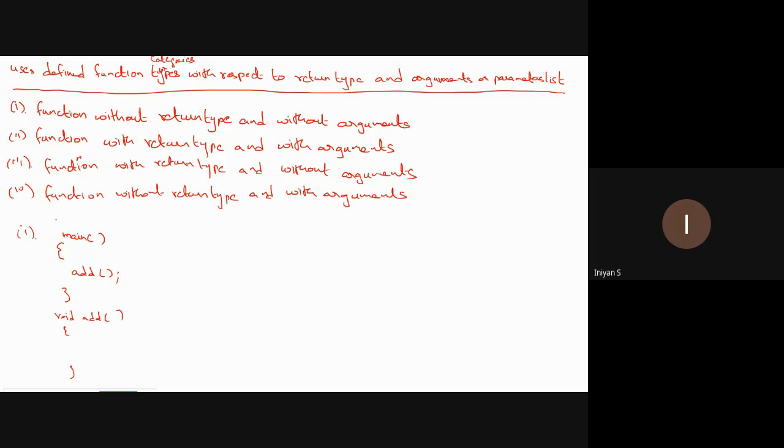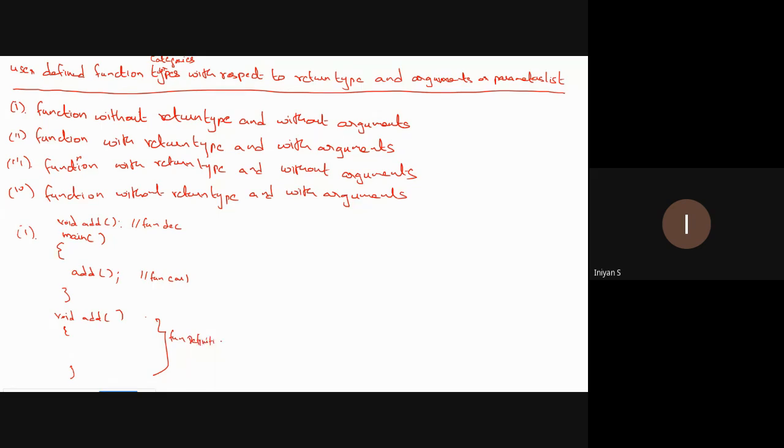Here I'm declaring it void. This is the function declaration. This part is the function call, and this part is the function definition.